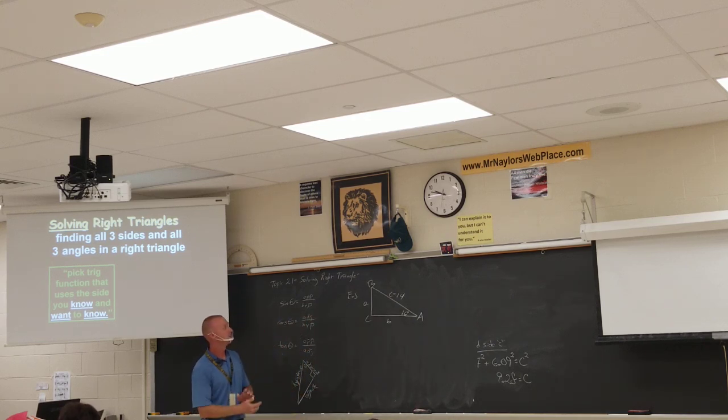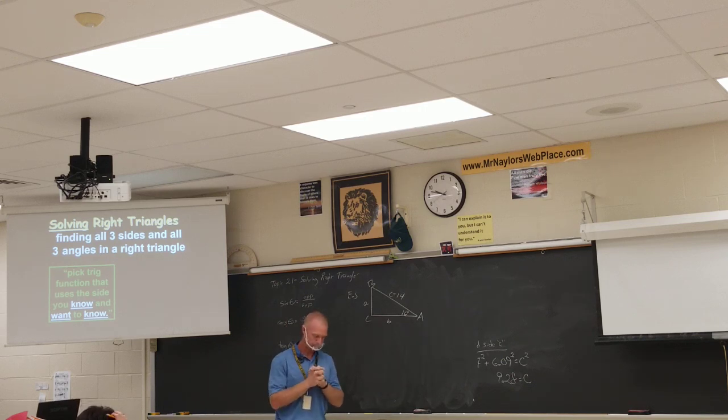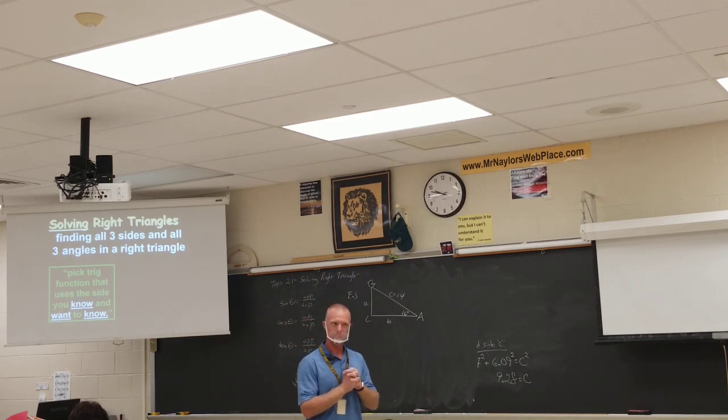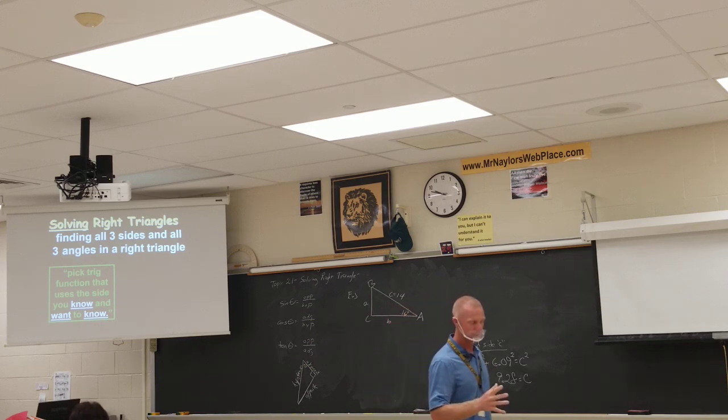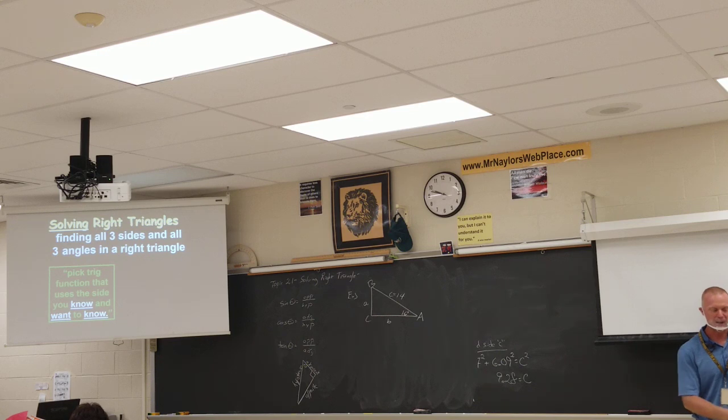Here's an angle. Here's a side, 14. C equals 14. I want to challenge you and encourage you. Can you solve this triangle? Can you find all the missing pieces?